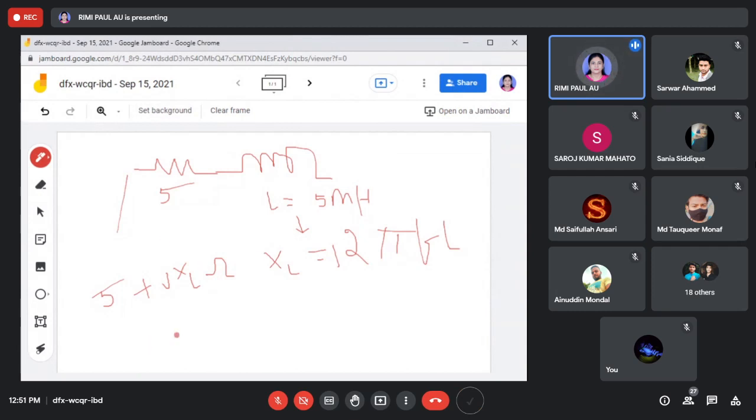So the term is R plus JXL or R minus JXC. And this form is known as rectangular form.